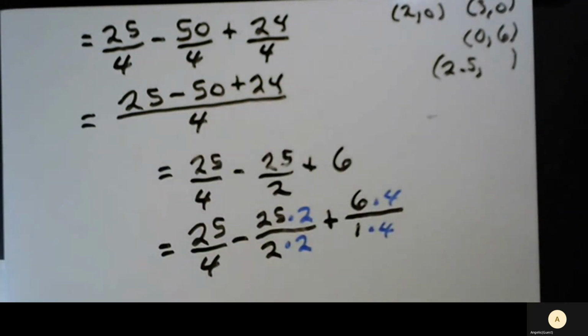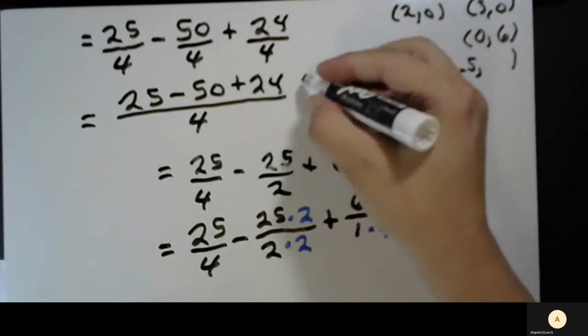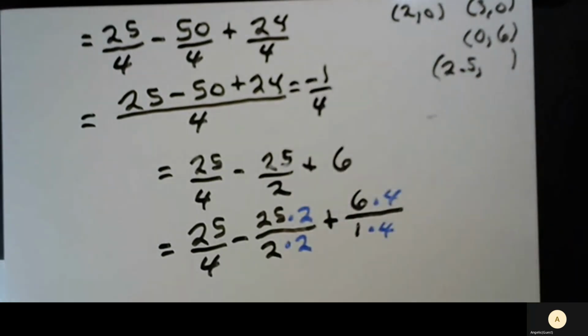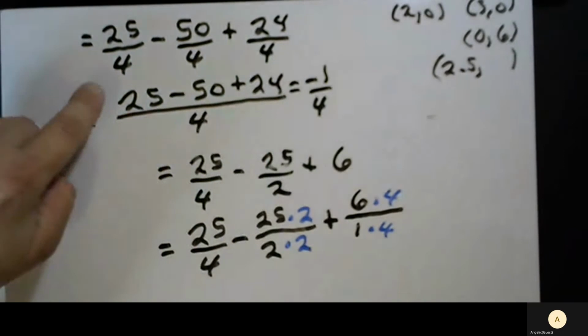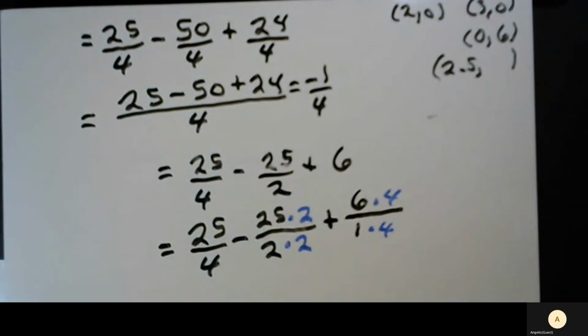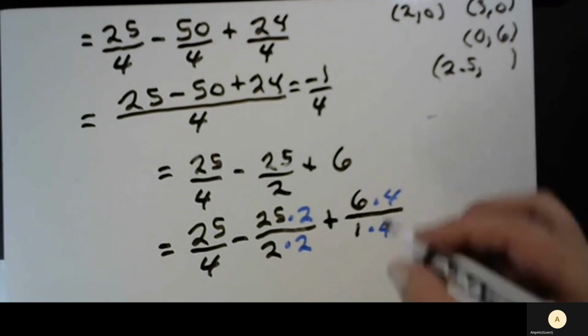The power of your common denominator lets you do this. So what this is going to turn out to be is -1/4. We're going to keep the denominator, and then 25 minus 50 plus 24, that's going to be -1.